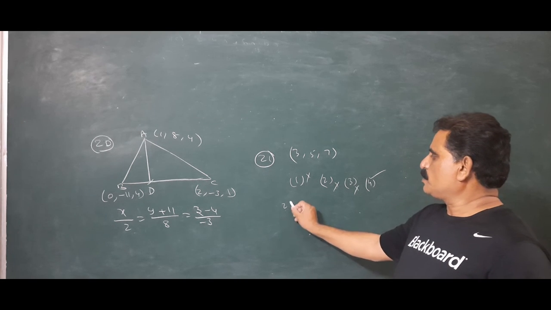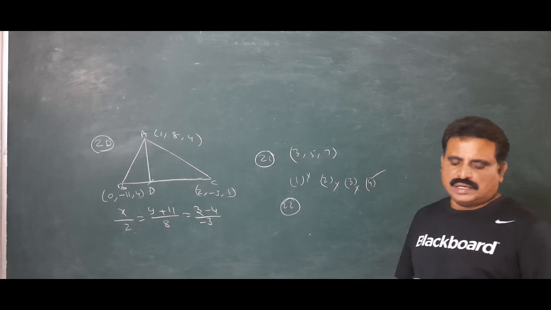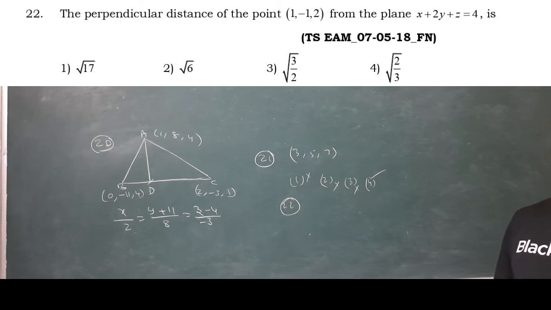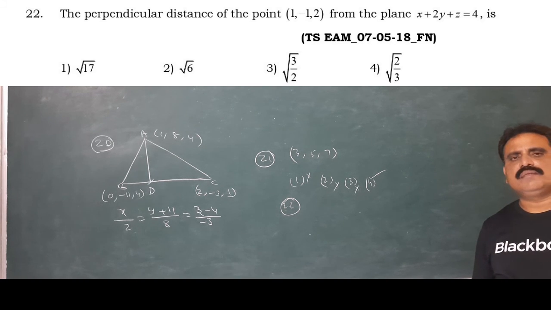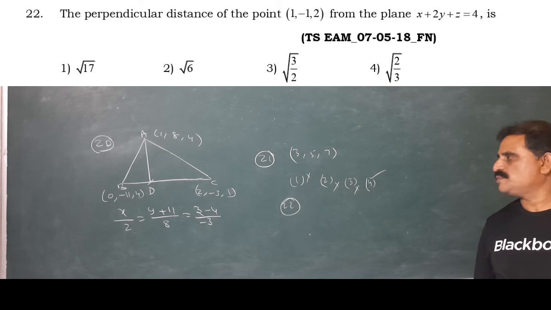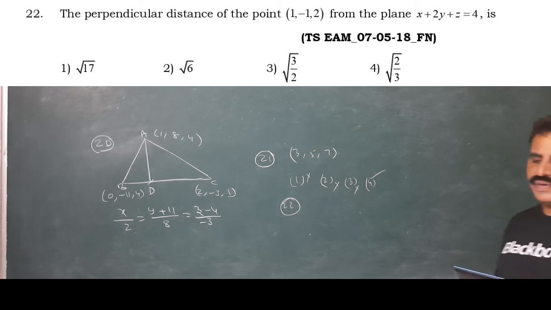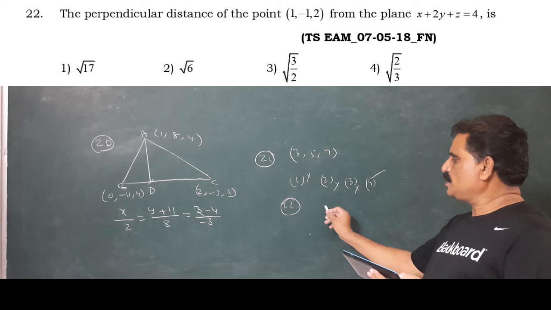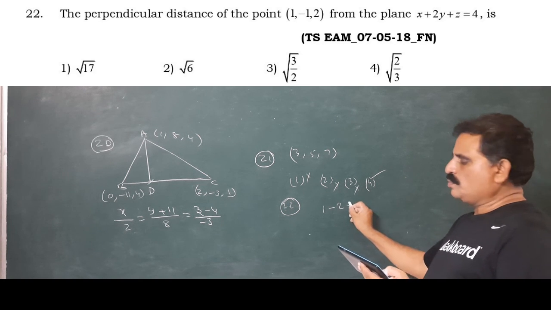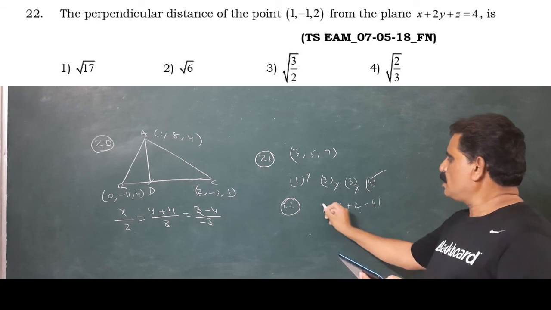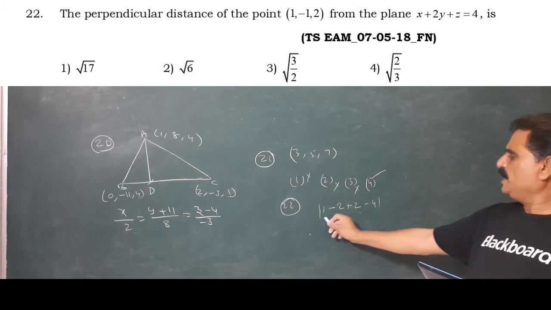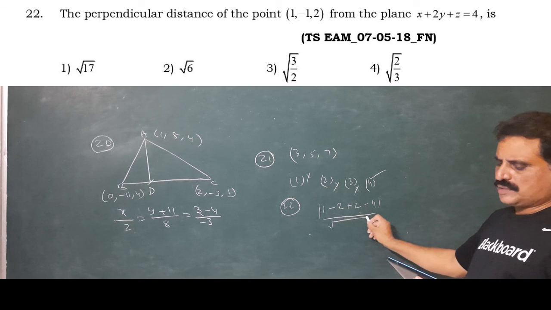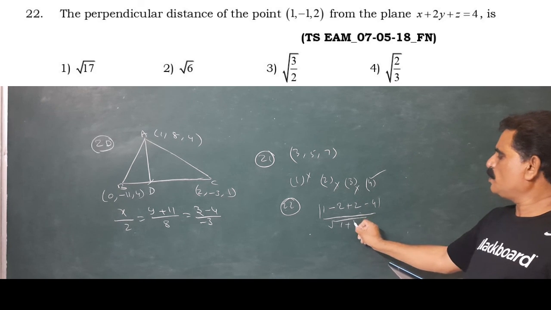Next, last question, 22. The perpendicular distance of the point to the line. Perpendicular distance is ax1 plus by1 plus cz1 plus d by root of a square plus b square plus c square. You can easily find that: substituting 1 minus 2 plus 2 minus 4, modulus, by root of a square plus b square plus c square, 1 plus 4 plus 1.